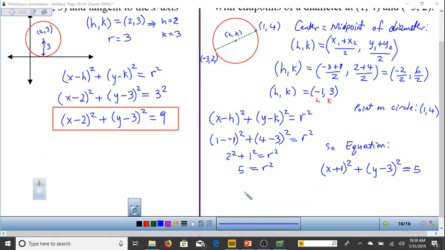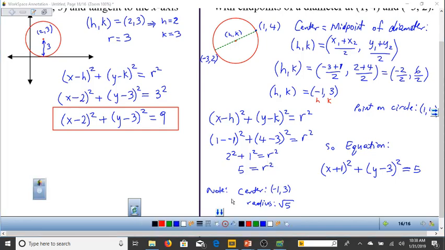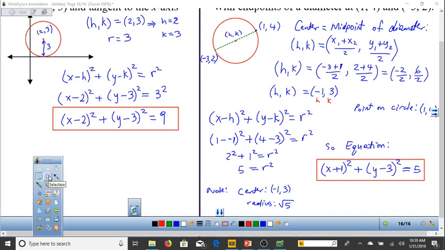Please note then that the center we already identified is -1, 3, and the radius is square root of 5, because r squared is 5, and so to get r you just do the square root of 5, and we are back in business.